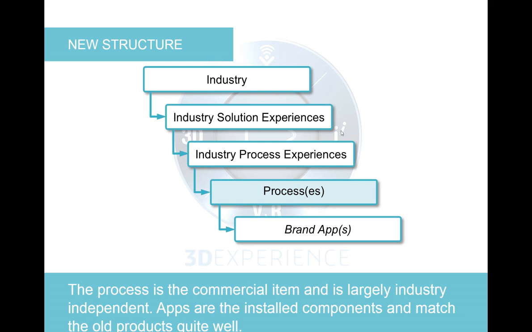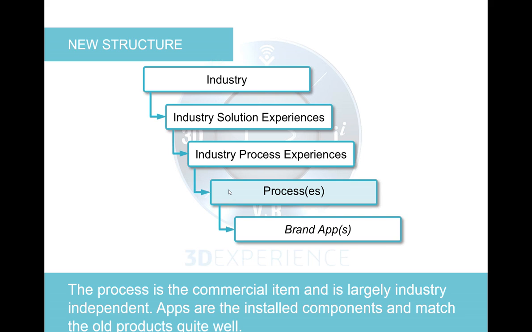If you open up one of these solution experiences, you will come into processes eventually. And the process is what you buy as a customer. So a process can be engineering bill of material management or manufacturing bill of material management. Those are two processes. And within the process, you have brand applications.